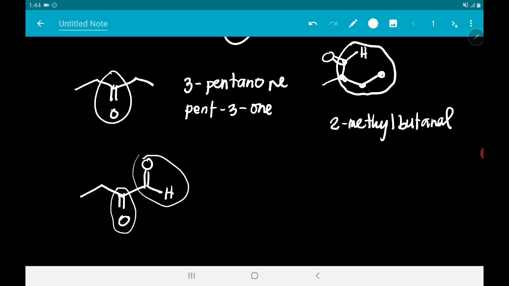So this is 1, 2, 3, 4. That's a butanal. And you can name it 2-oxobutanal.